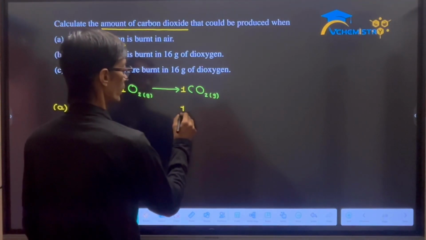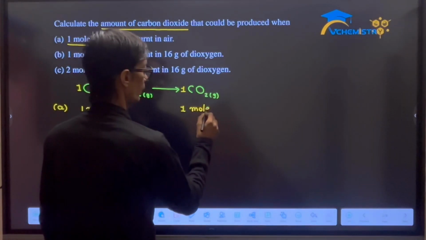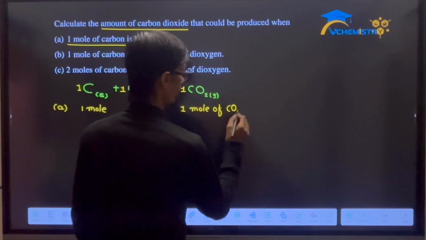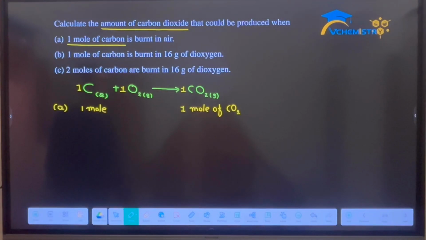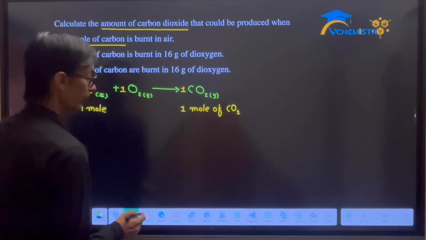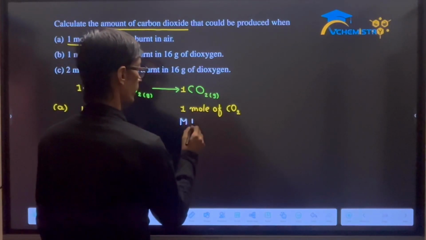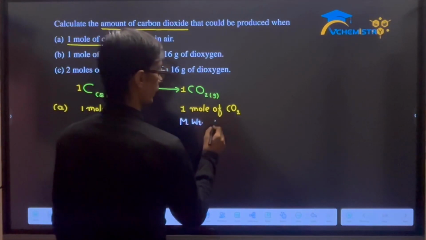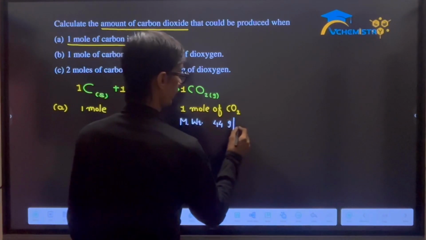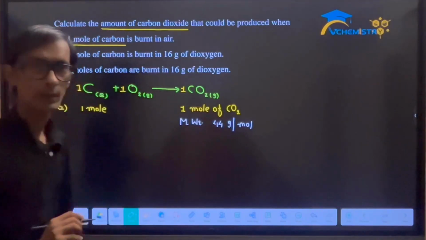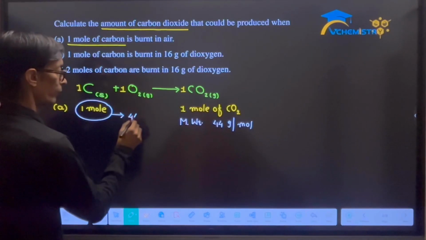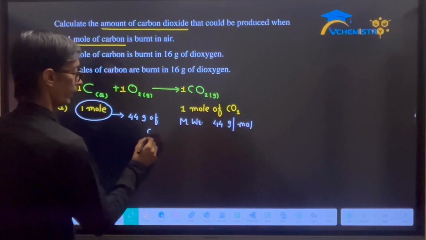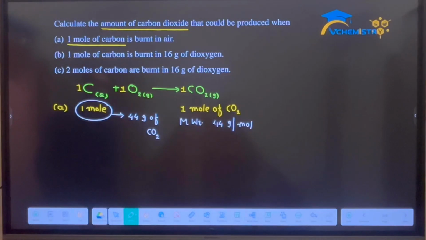It gives 1 mole of CO2. That means we directly get the answer: 1 mole of carbon gives 1 mole of carbon dioxide, but we need to convert into amount, that means gram. We know that the molecular mass of carbon dioxide is 44 gram per mole, and here 1 mole of carbon dioxide is produced, that means 1 mole of carbon gives 44 gram of carbon dioxide. This one is the first.